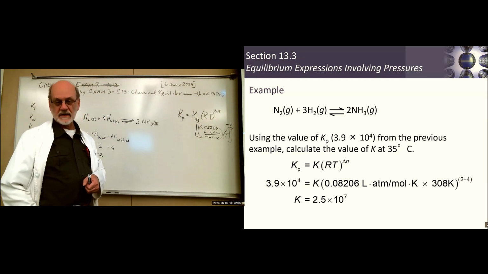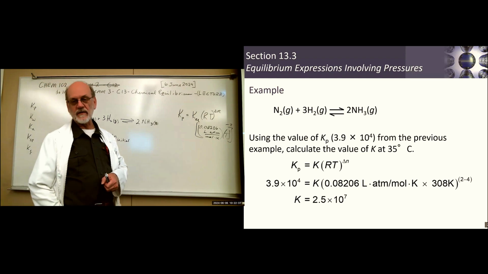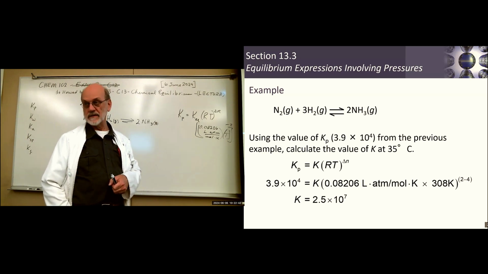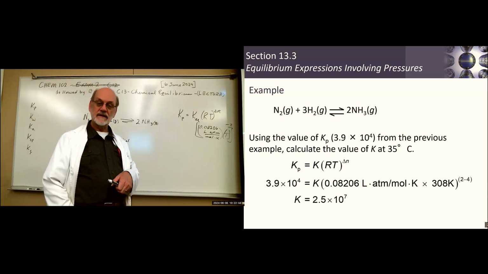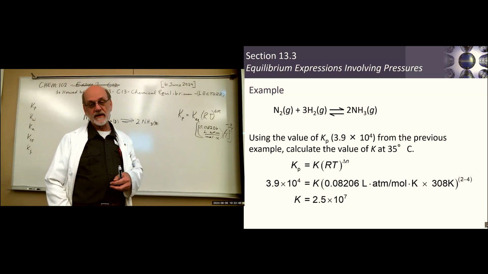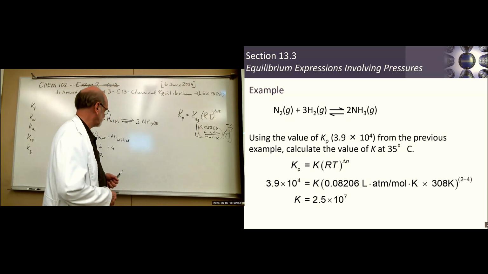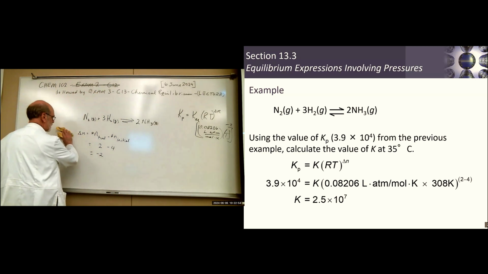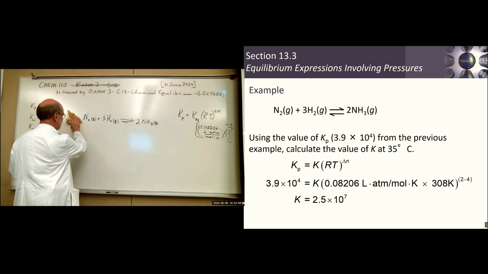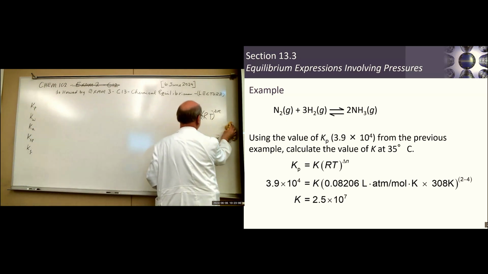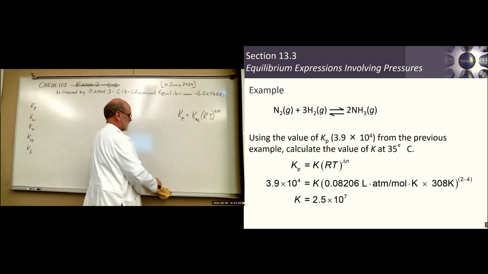We took the product of the R value and the temperature, we took that to the -2 power, and then we divided that into 3.9 times 10 to the 4th to give you the K. Right? I'll leave that one up there for a few minutes. We won't need it again.